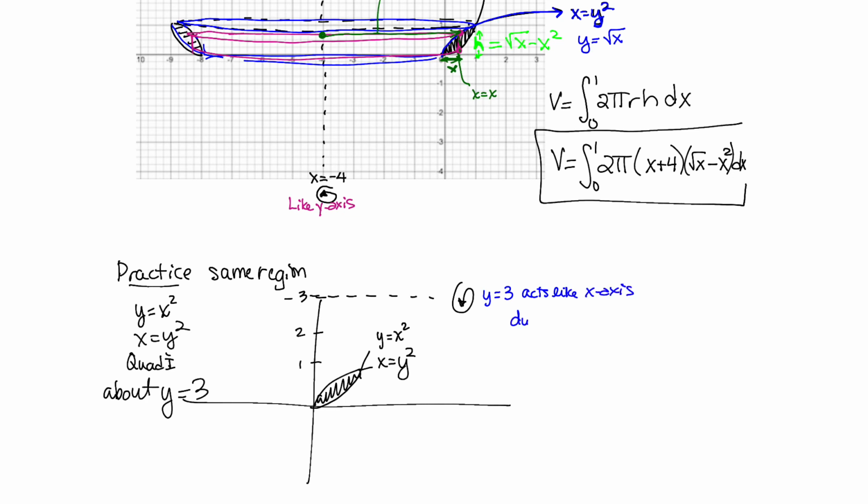Therefore, we have to integrate with respect to the opposite variable because we cut parallel to the axis of rotation, or perpendicular to the other axis. So when you draw your cut, you're going to be cutting horizontally, side to side. Your shell this time is going over here, coming up, because we're going around this axis.